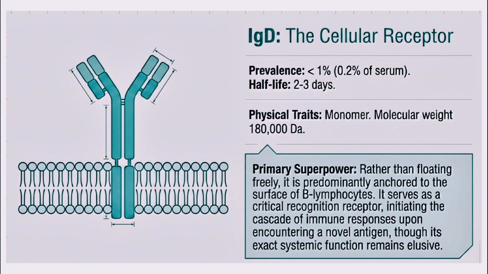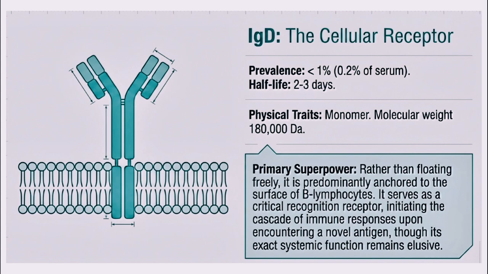Its main function is that it acts like a recognition receptor. Think of it as a sensor that tells the B cell when it has finally found the specific germ or specific antigen.